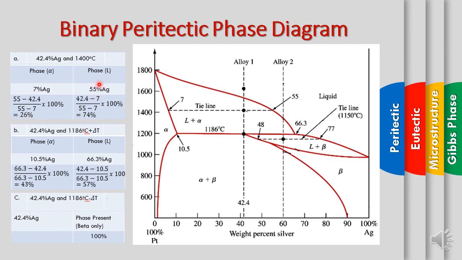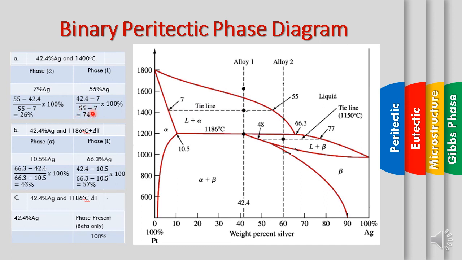And for the liquid phase amount, we have the value from 42.4 minus 7 and divide by the whole from 55 to 7, and we get the value of 74%.